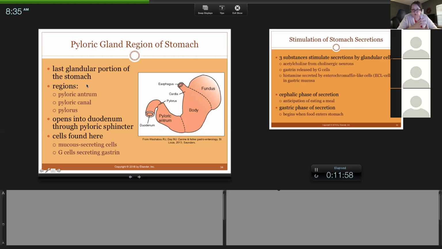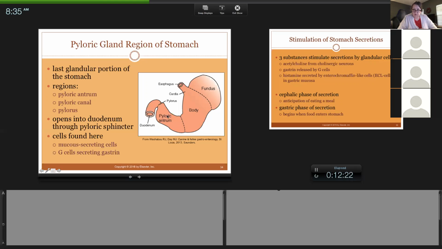The monogastric stomach secretes things. Things are secreted from glands. So the glands within the stomach that secrete it make it a glandular stomach. This is the last portion of that. There is an antrum and a canal and the pylorus, and it's going to open to the duodenum.